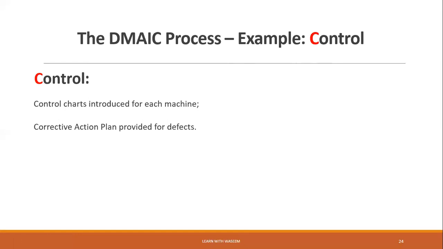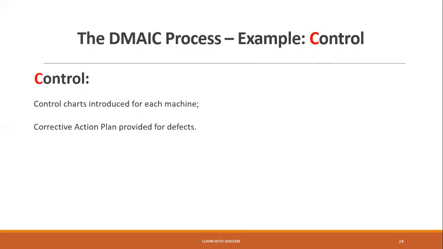The corrective actions usually we take when we draw the control chart for different processes. So the control chart tells us which process is within the control limit and which is out of the control limit.